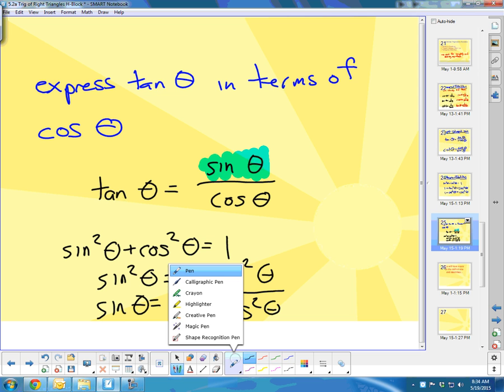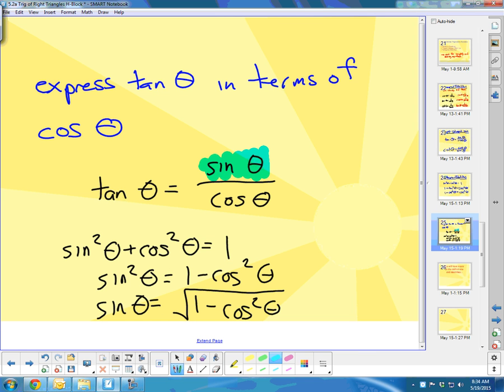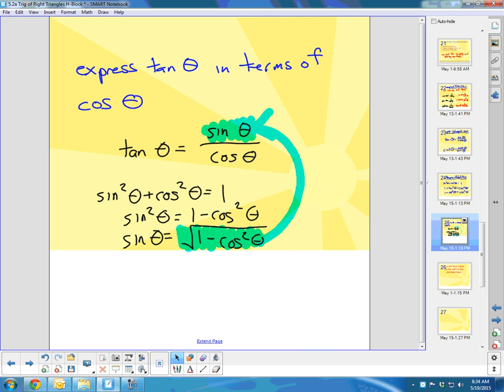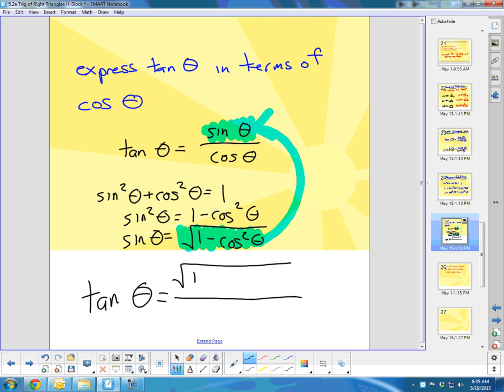I can then take that statement and put it in for the sine function, since they are equal, that I have above, and I end up with tangent of theta equals the square root of 1 minus cosine squared theta over cosine theta. And that's an example of expressing tangent of theta in terms of cosine of theta.